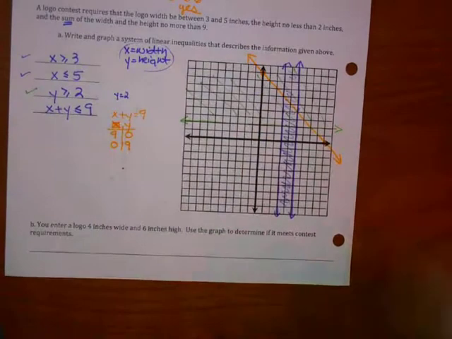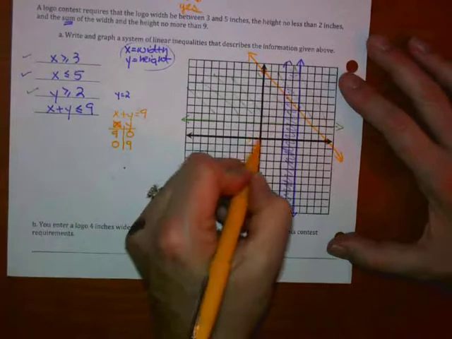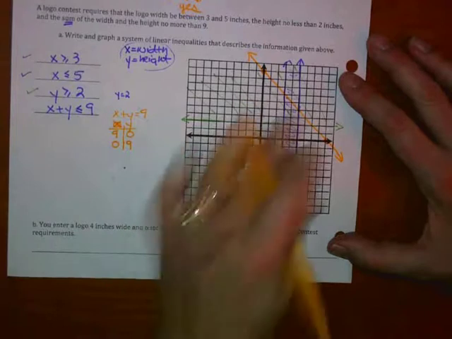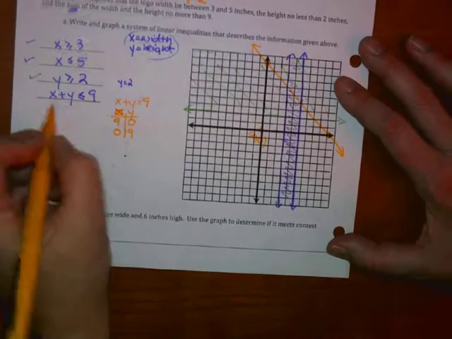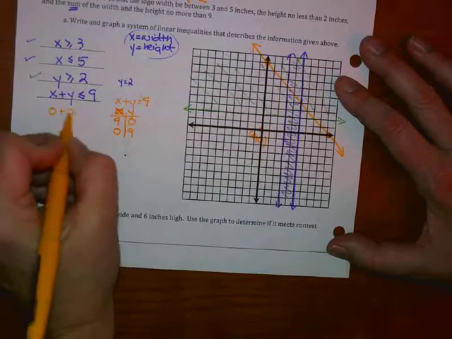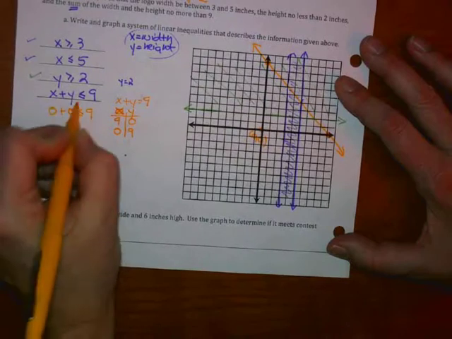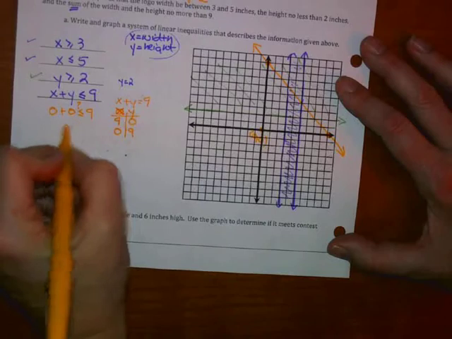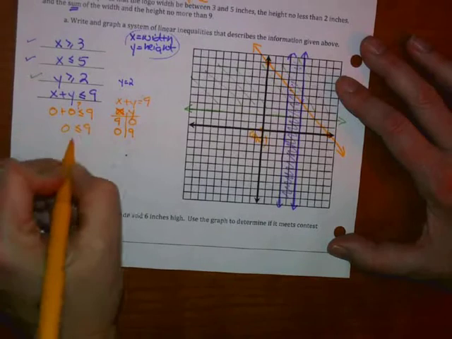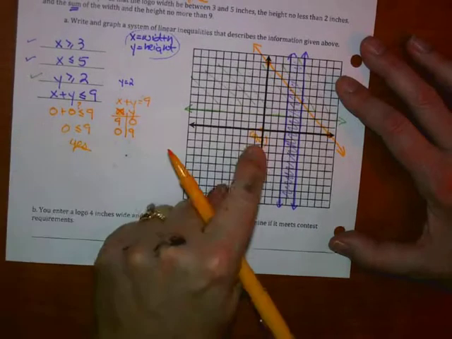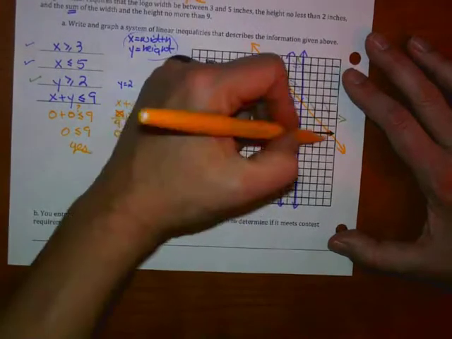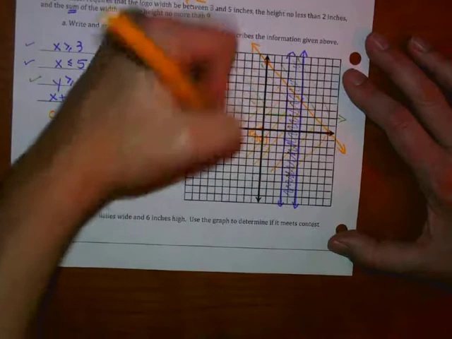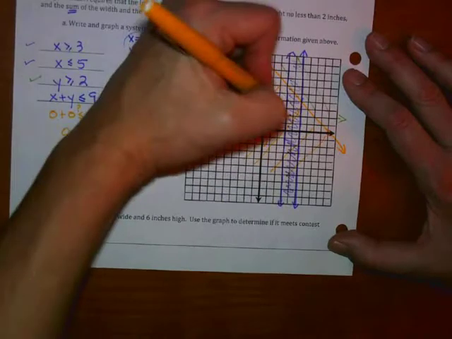Okay, so for this one, I'm going to test with 0, 0 and just see if I shade this side or I shade that side. So I'm going to plug 0, 0 into the inequality. Does that make that true? Is 0 less than or equal to 9? Yes. So 0, 0 is part of the solution set. So I shade below, which is the part that includes 0, 0.